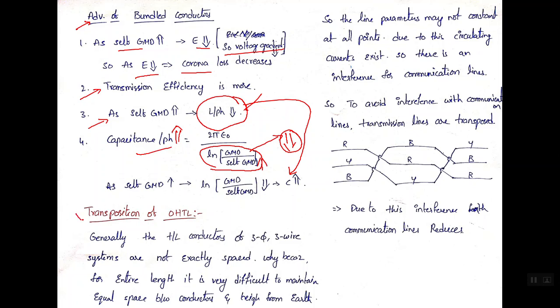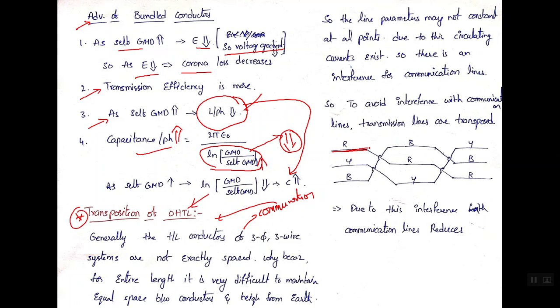Another important topic is transposition of overhead transmission lines. Why do we need transposition? In the case of transmission lines, there will be interference with communication lines, friends. To avoid that interference, we transpose the overhead transmission line like this.